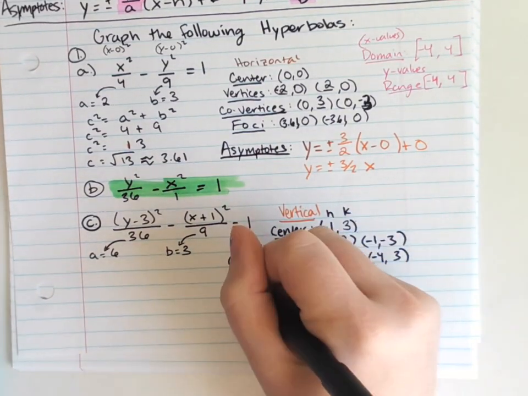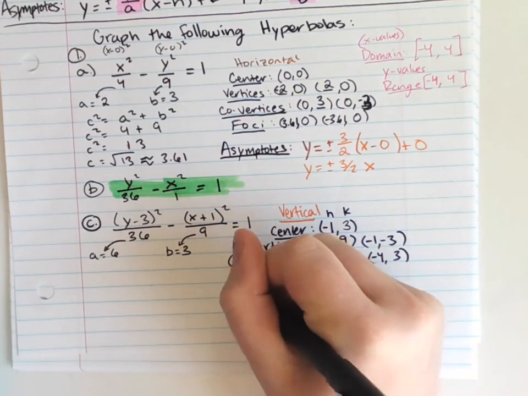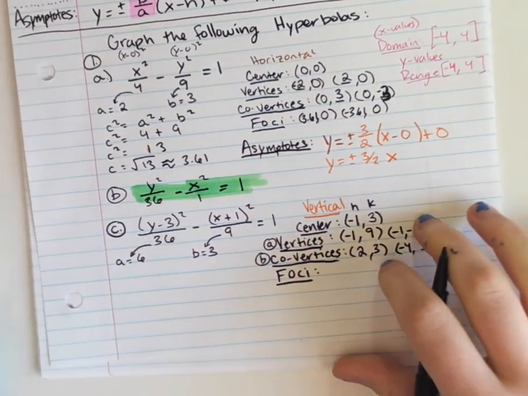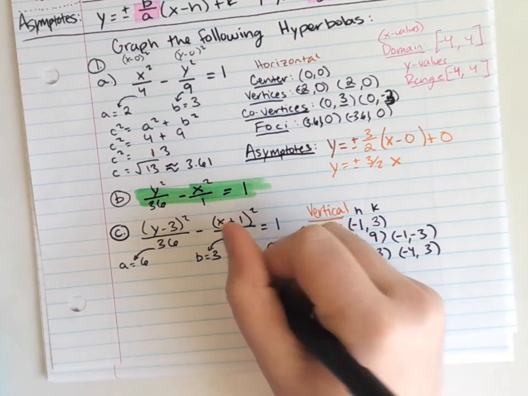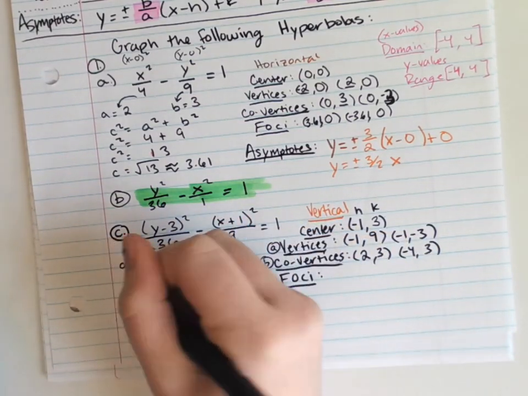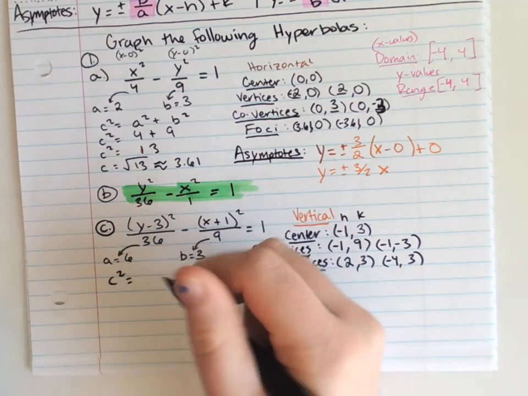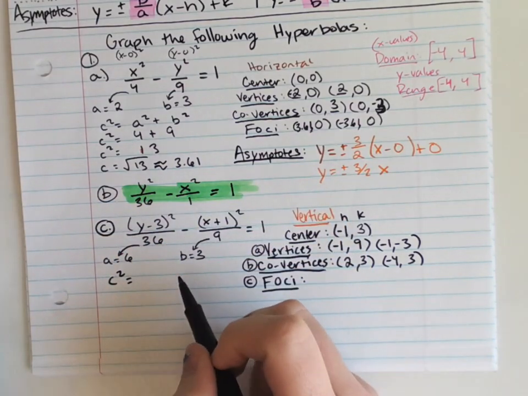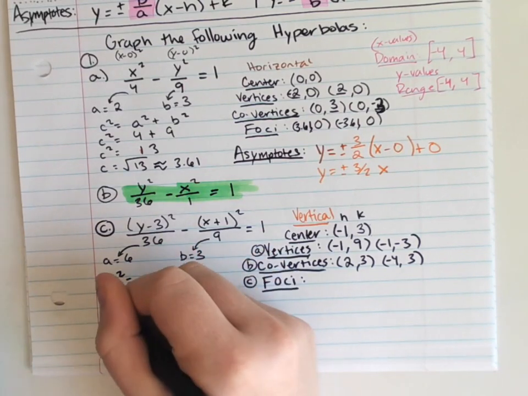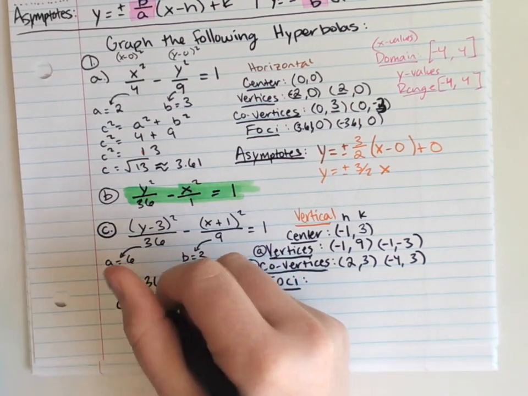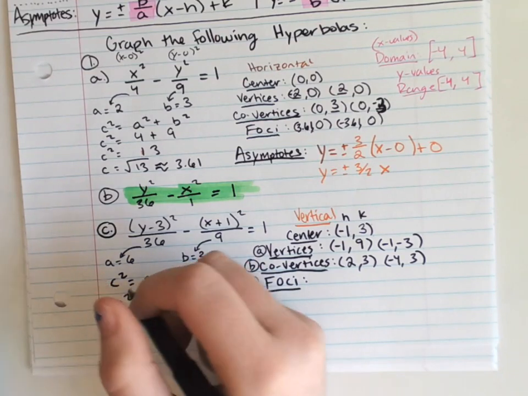Okay, now we got to find our foci. Our foci is from C. So we've got this equation, c squared equals a squared plus b squared, which is 36 plus 9. c squared equals 45.